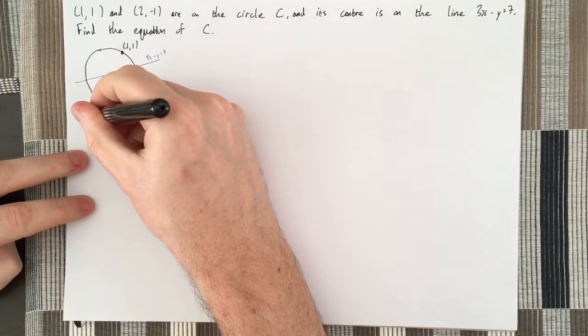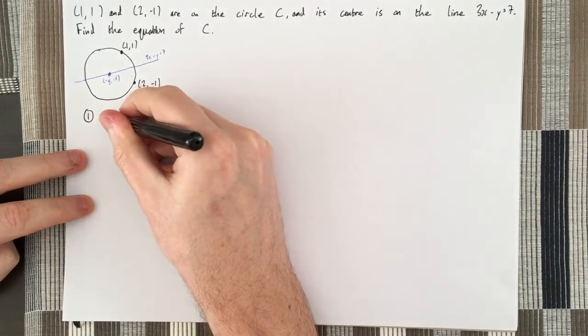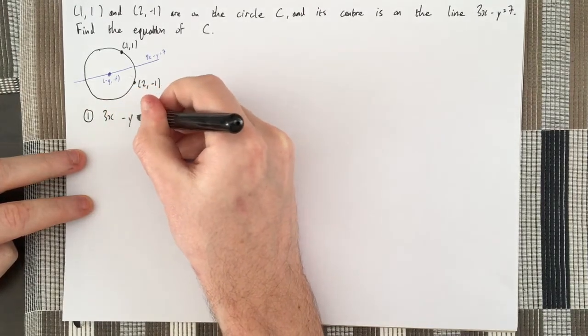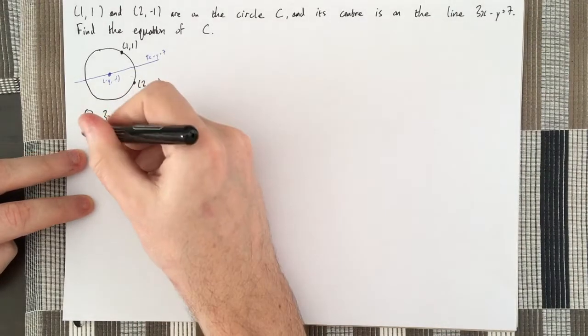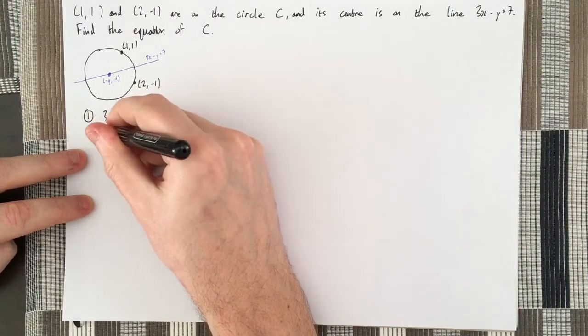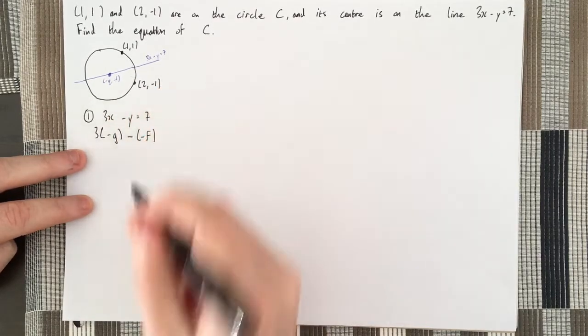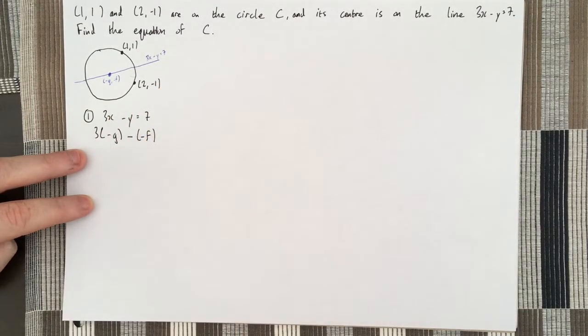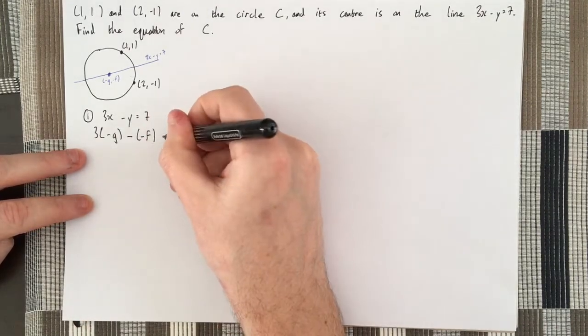So equation 1 I'm going to get here is by taking my 3x - y = 7, my line that the center is on, and subbing (-g, -f) in for x, y, because that is the center of the circle and the center is on that line.